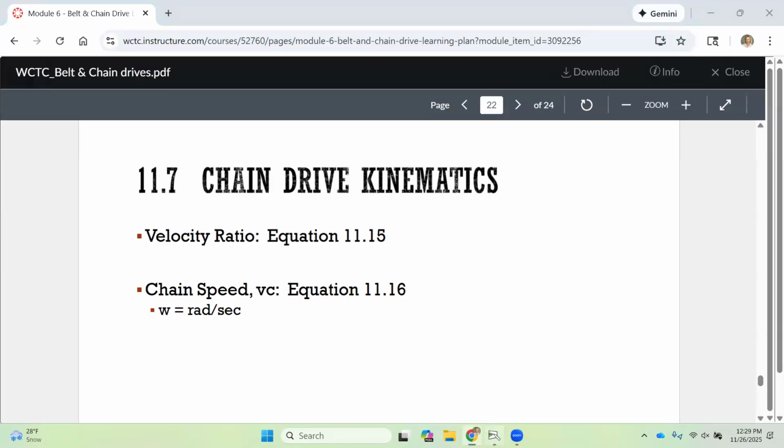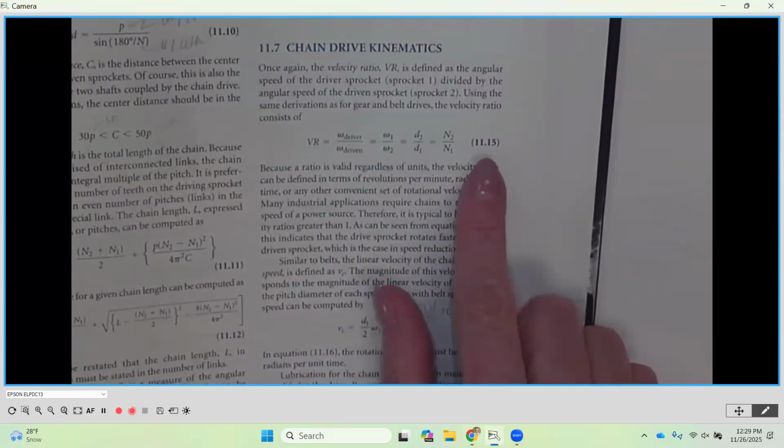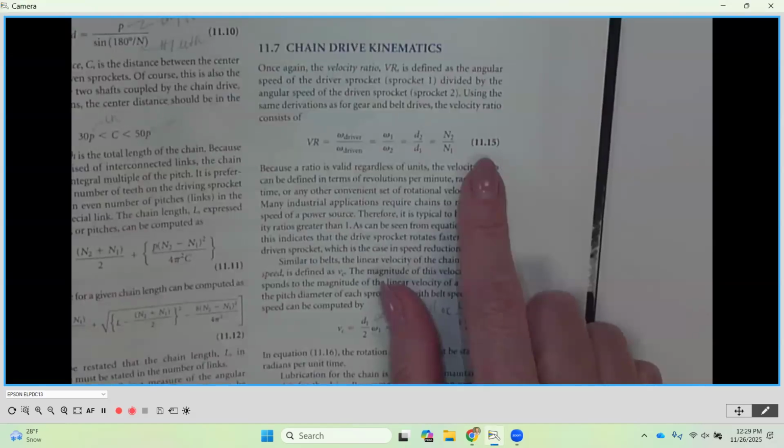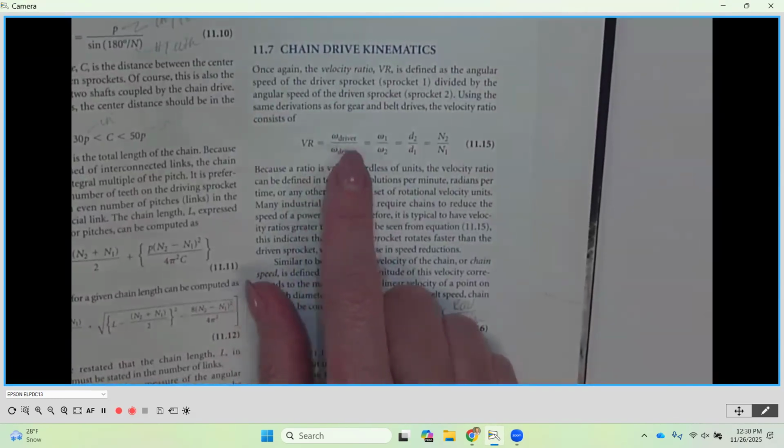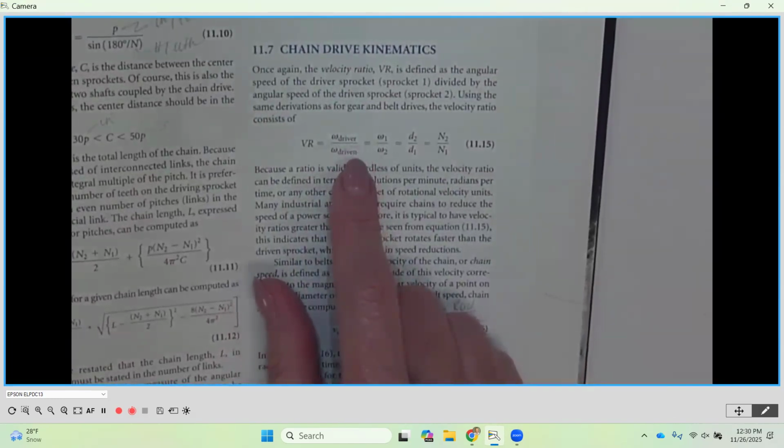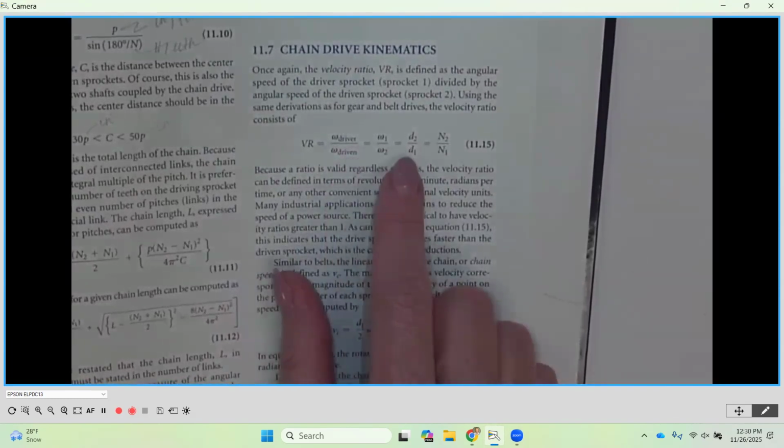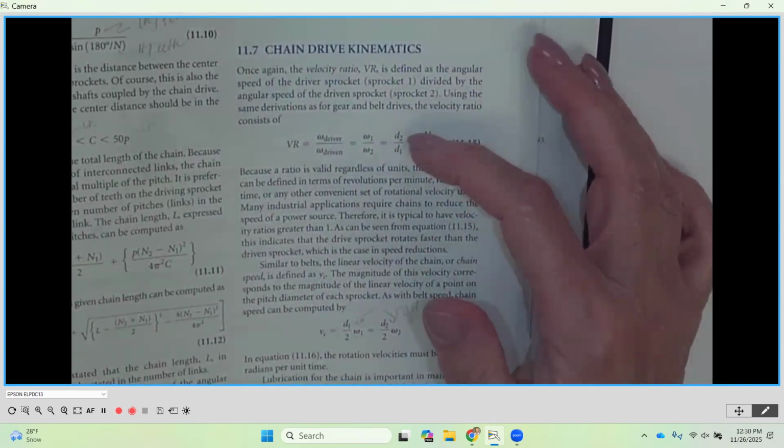So the velocity ratio is going to be calculated using equation 1115 at the top of page 311. And notice that we can use the angular velocity of the driver divided by the driven, or we can use the pitch diameter of the driven divided by the driver, or we can count the number of teeth on our sprocket for our driven divided by the driver.